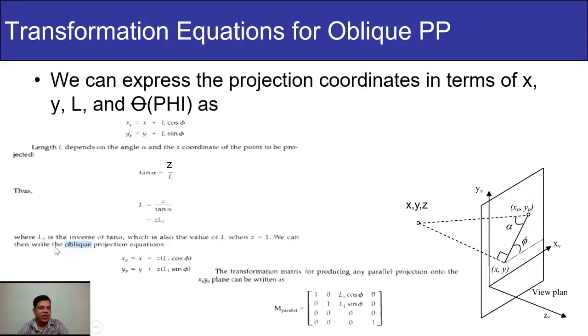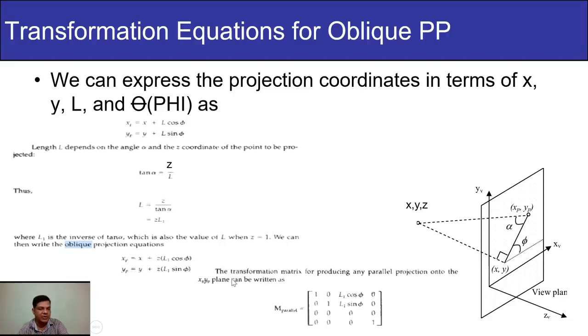We can then write the oblique parallel projection equations as xp is equal to x plus z L1 cos phi and yp is equal to y plus z L1 sin phi. So what is happening, we are substituting the value of L in these equations, and from this we can conclude that xp is equal to x plus z L1 cos phi and yp is equal to y plus z L1 sin phi.